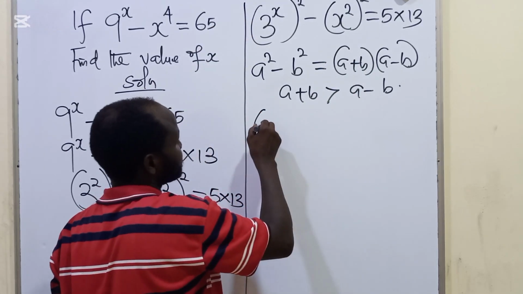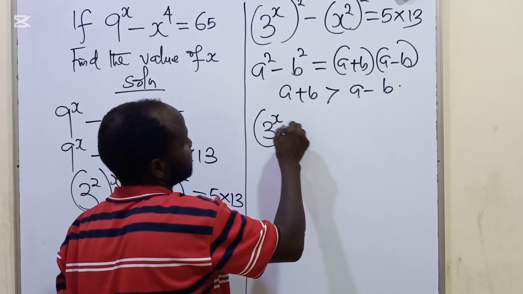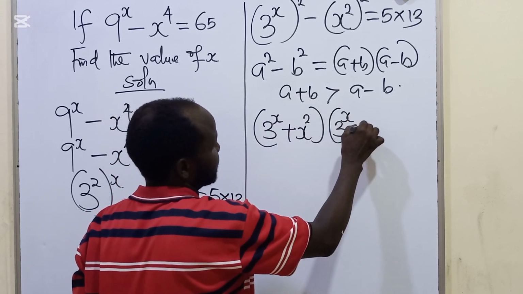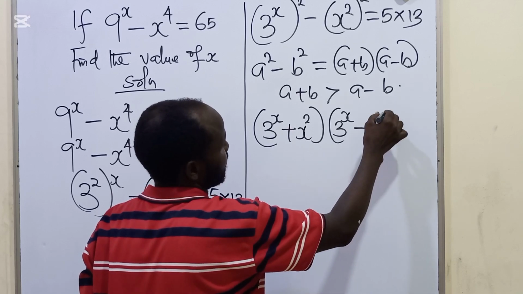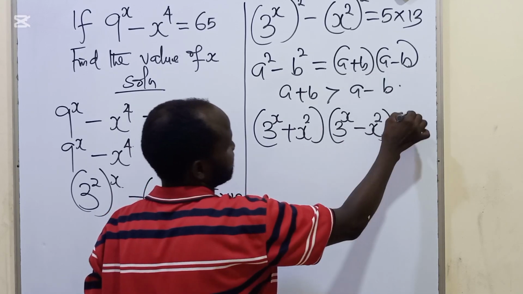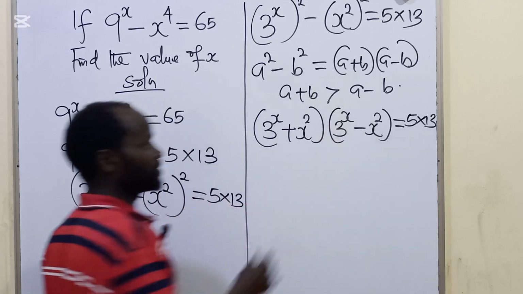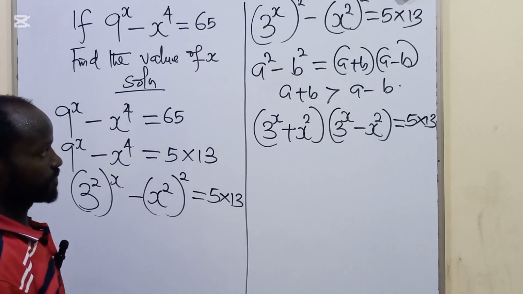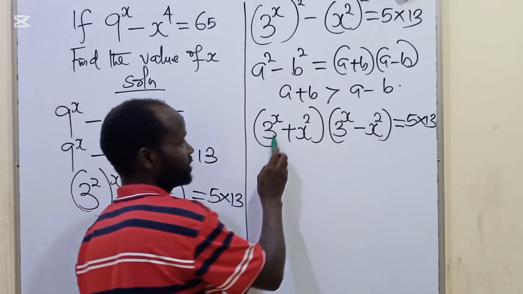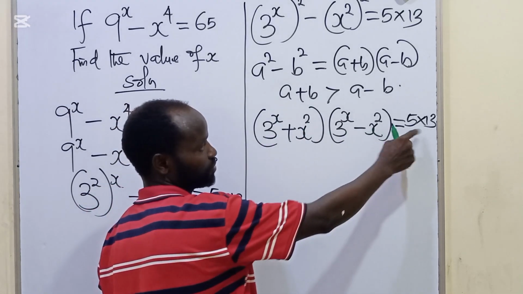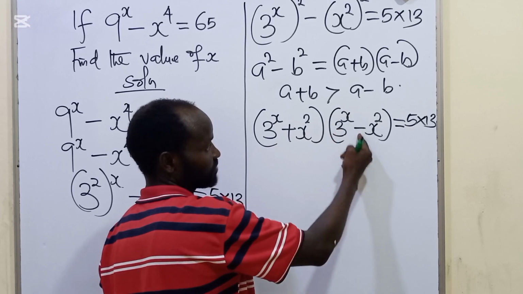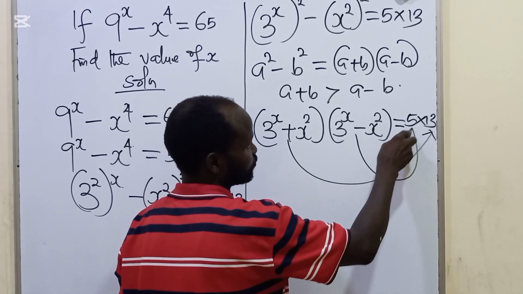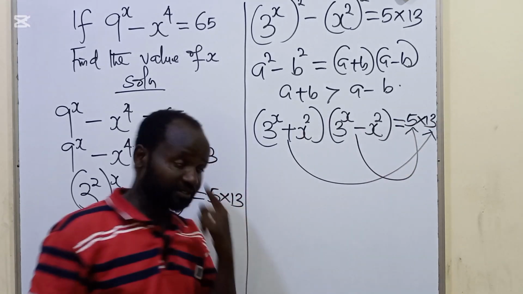This will now be (3^x + x²)(3^x − x²) = 5 multiplied by 13. So we can relate this. Very important. It means 3^x + x² will be greater than 3^x − x². So we relate this to 13 and we relate this to 5, because 13 is greater than 5.